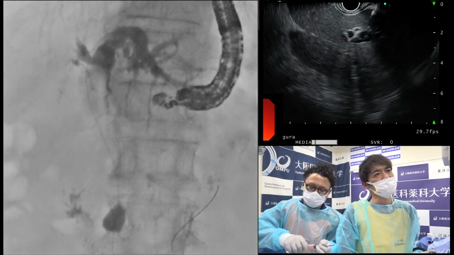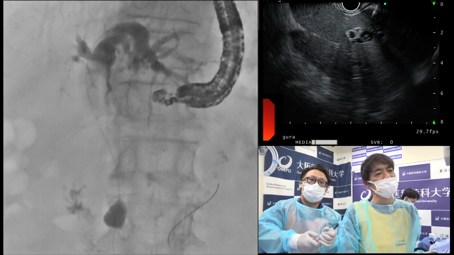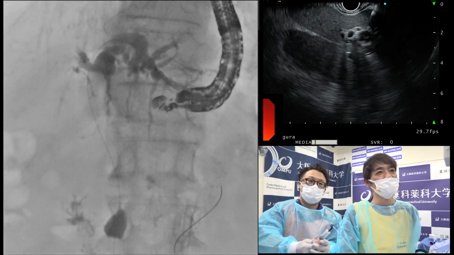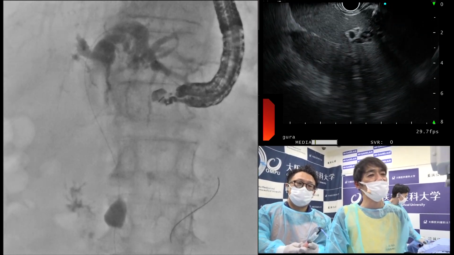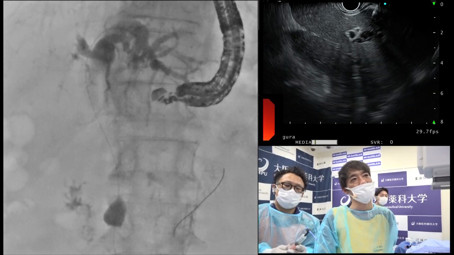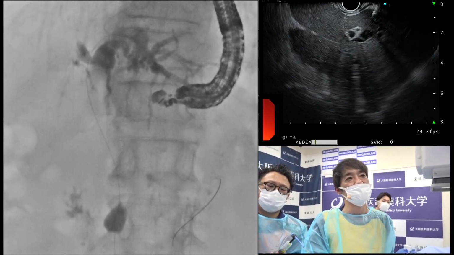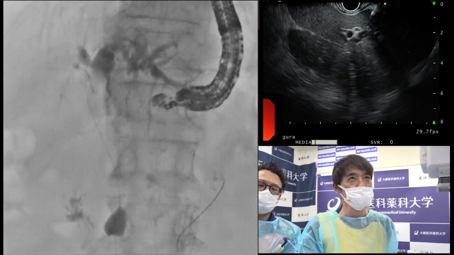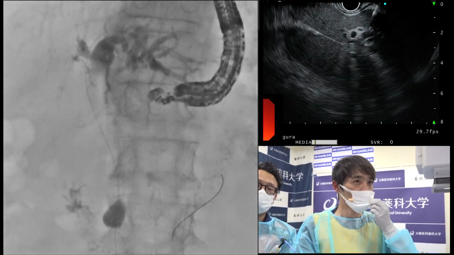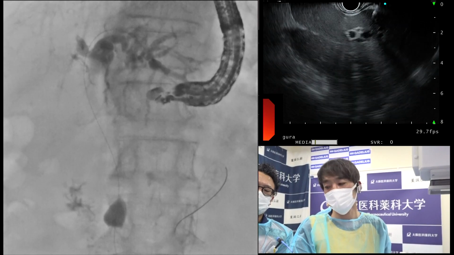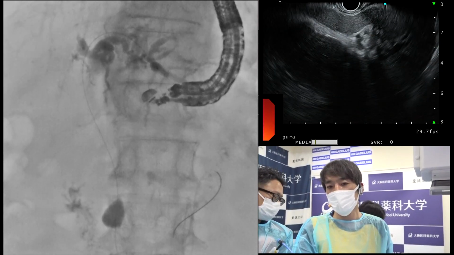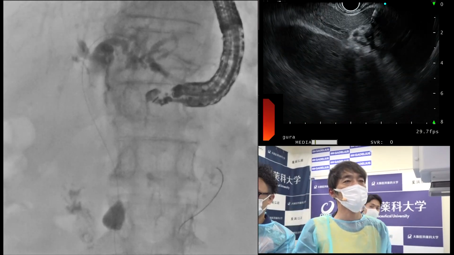So this patient's stomach wall is very hard. First we try to insert the Zilver 635, but if that fails, we try to dilate the stomach wall using a 4 mm balloon catheter. Okay, 18.